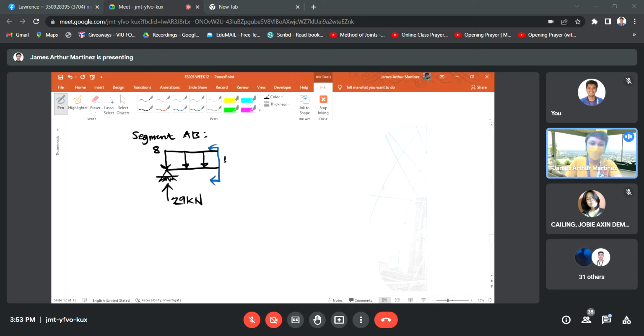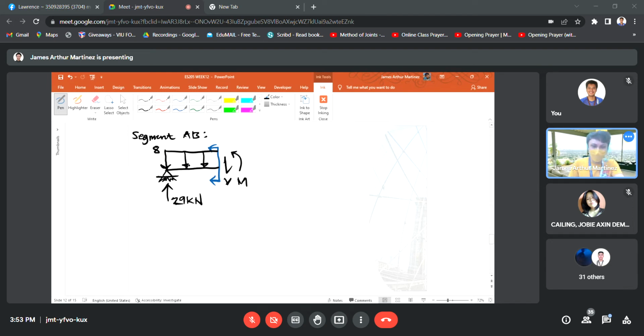So, ato na siyang i-follow lang. So, this is V or the internal shear at this segment and then the internal moment at this segment also. So, our goal is to generate an equation for shear and moment for this segment class.